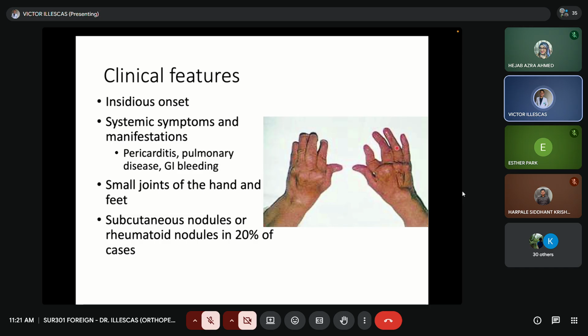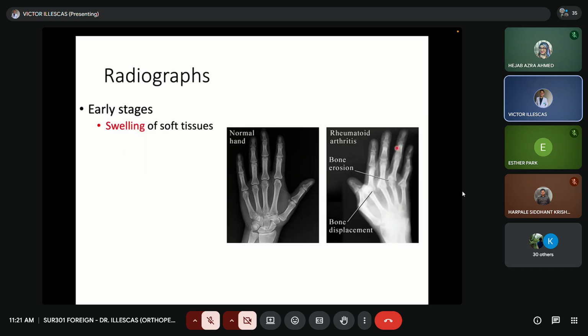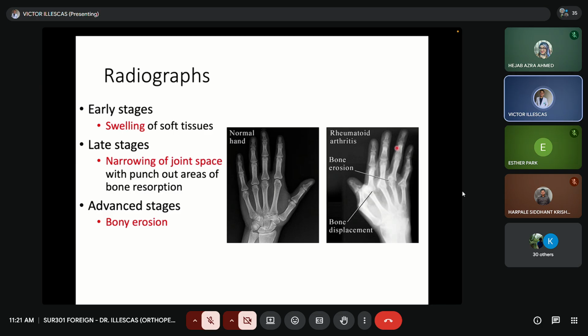You may see subcutaneous nodules or rheumatoid nodules in 20% of cases. In the early stages on radiograph, there will just be swelling of the soft tissues, but on late stages, there is a narrowing of the joint space with punch-out areas of bone resorption. In advanced stages, there will be already bony erosions. Okay?